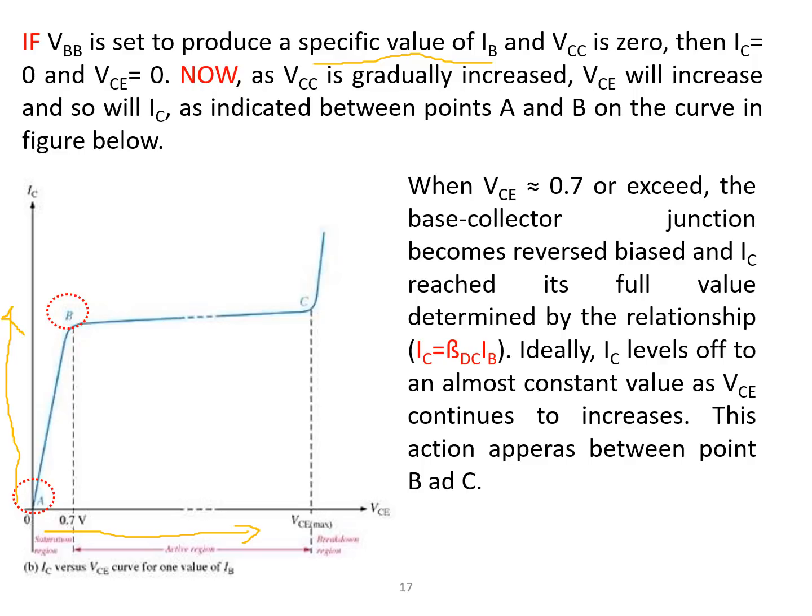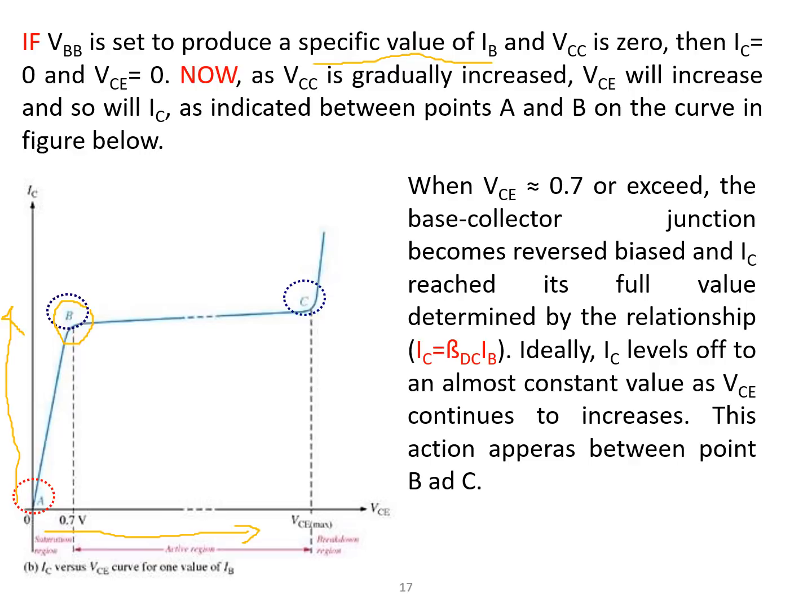When VCE exceeds 0.7 at point B, the base-collector junction becomes reverse biased and IC reaches its full value determined by the relation IC equals beta IB, where beta is the current gain of the transistor.